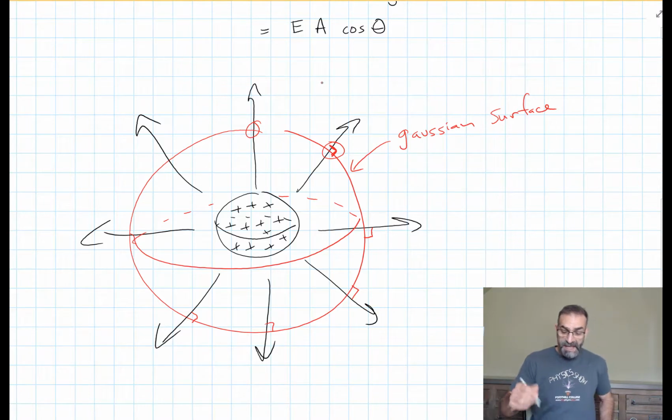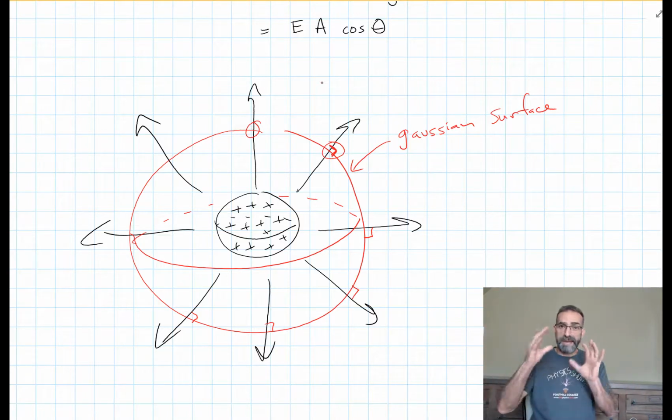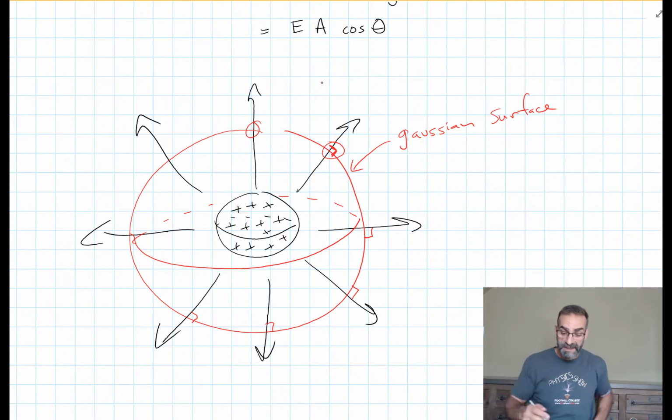And because the electric field depends on r, if we pick a nice spherical shape around our charge distribution, E will be constant in magnitude because we're at the same radius on this red Gaussian surface. We're at the same radius everywhere. I hope you can see that under very specific circumstances, this becomes fairly easy to solve.